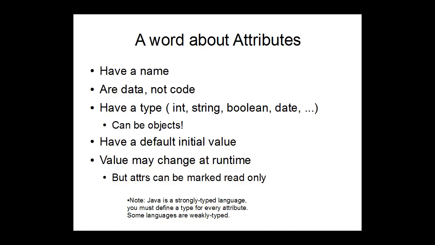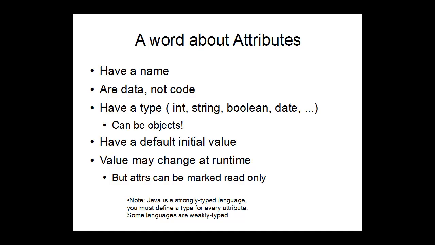When we talk about attributes that are defined in the class, attributes have a name, they're data, and they have a type. So attributes, in Java, you can have primitive types like int and boolean, and you might have objects as well. It turns out string and date, these are object types. So there are different types of attributes, and we'll get into more details of that later.